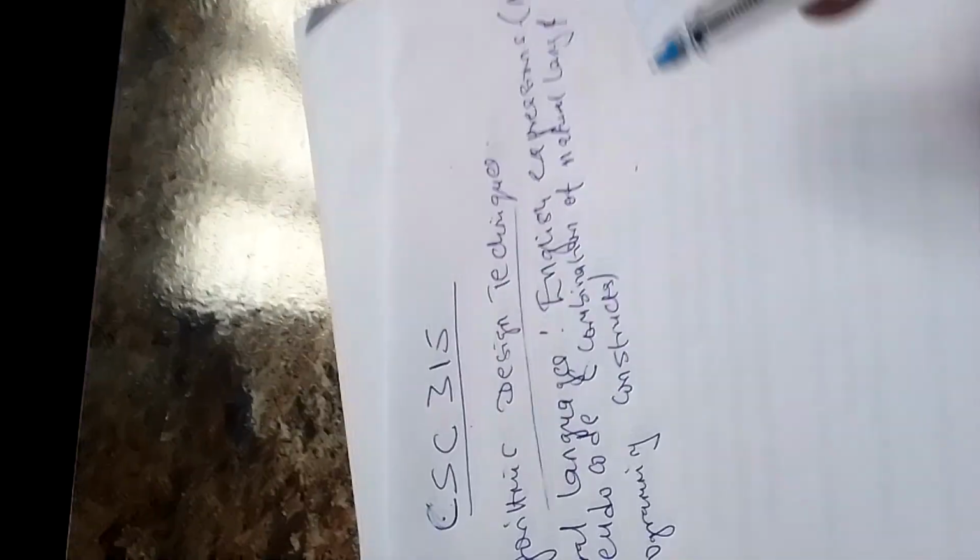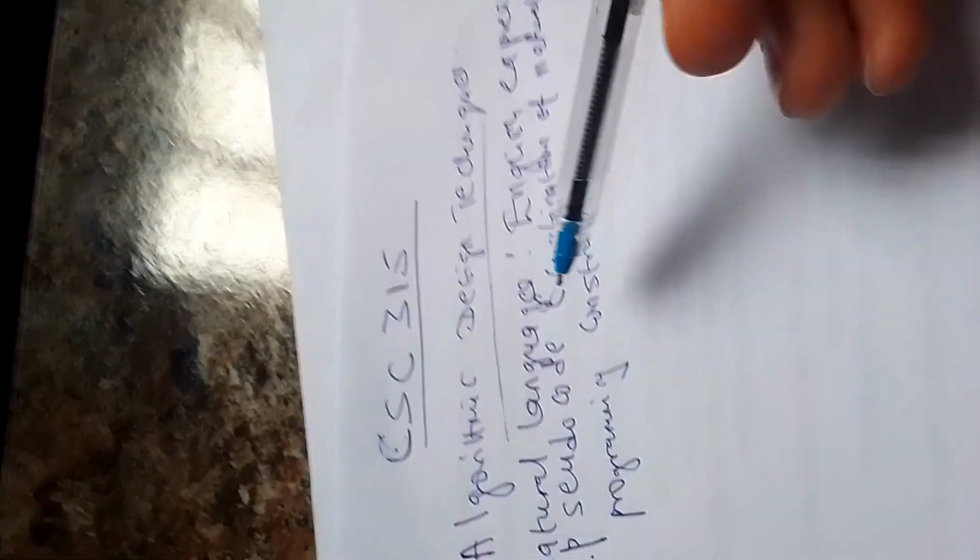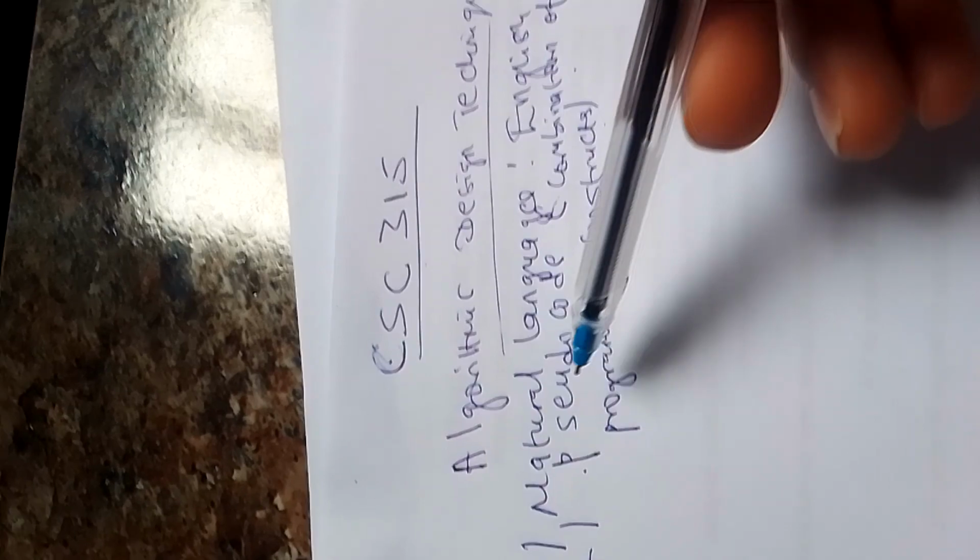So in pseudocode, you're using a combination of natural language and the programming construct. It is just near code to the programming language that you want to use. So that's another algorithm design technique that you can use.